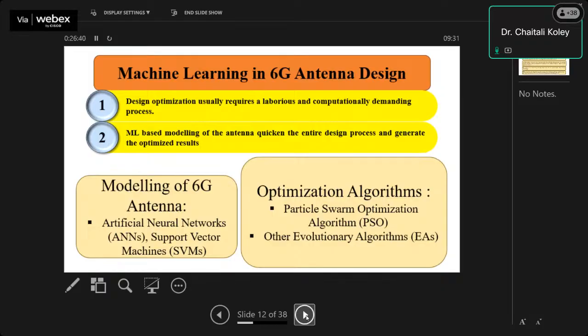So here the main important parameter is data in machine learning. To get proper performance from the machine learning, the number of data should be as large as possible. So what is the importance of the data in machine learning? We can say that high quality and diverse data improve how well the model performs and generalizes to new situations. So there should be a large amount of data as well as diversity of data.